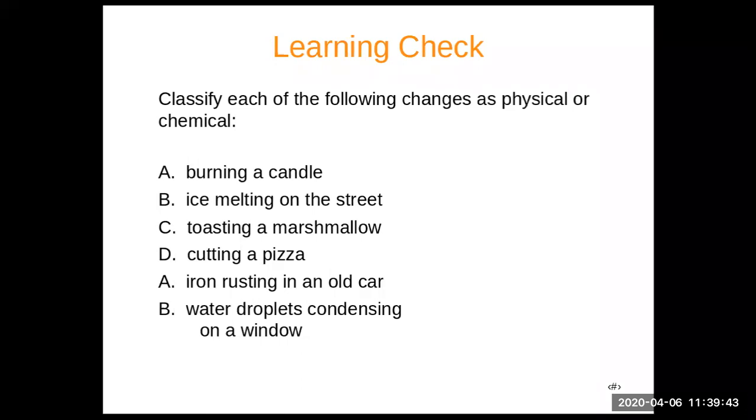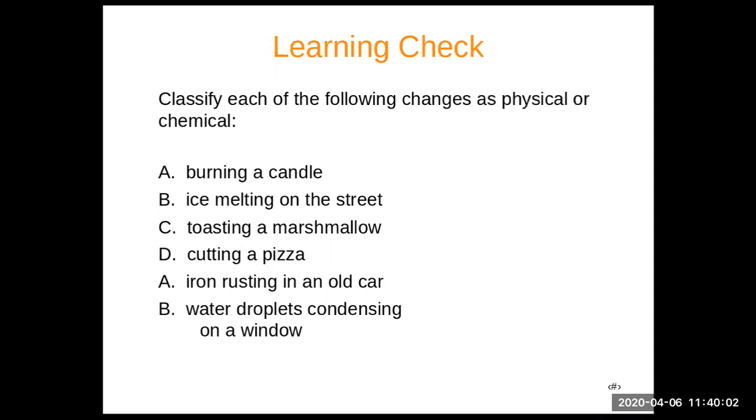Water droplets condensing on a window. So the steam or water vapor that is contained in a room sometimes will deposit onto the window pane and condense.